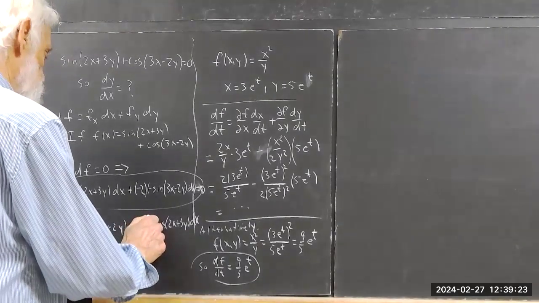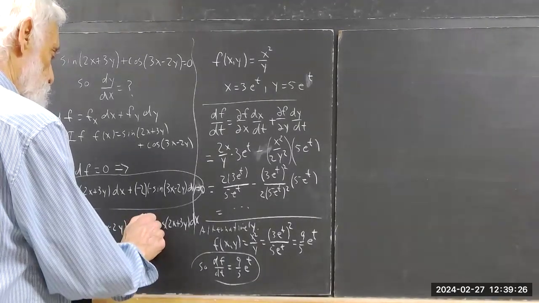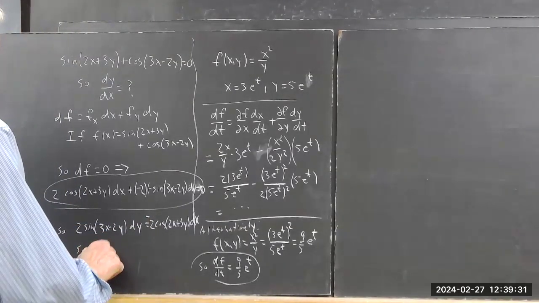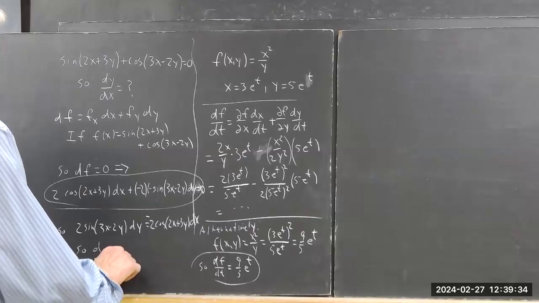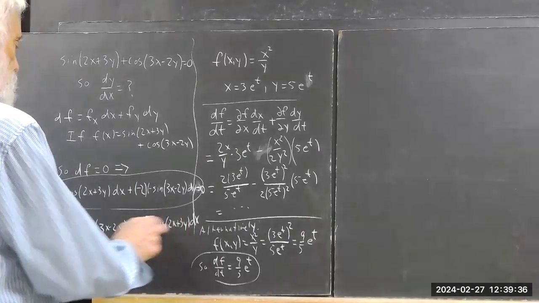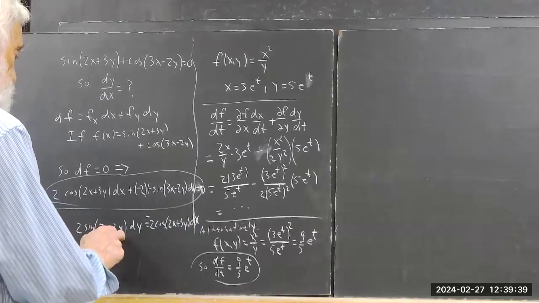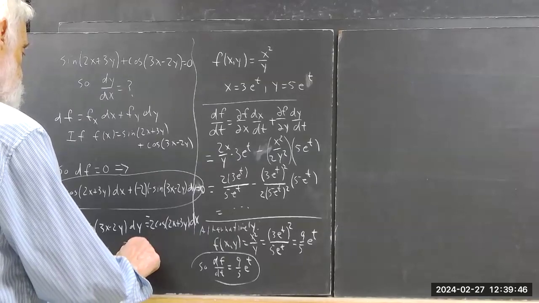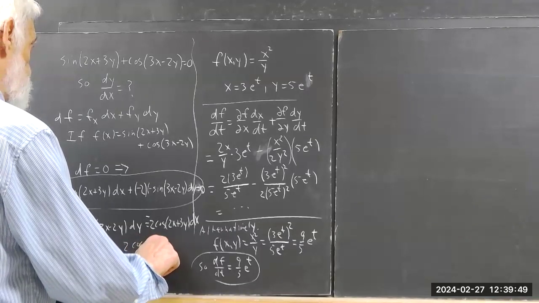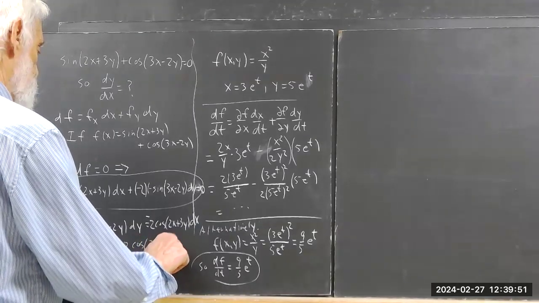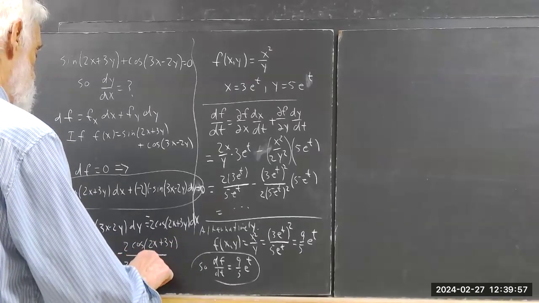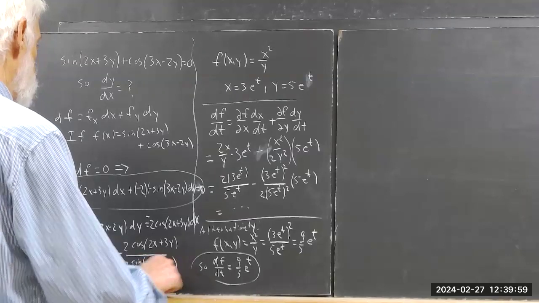There should be a negative on the side. Well, we divide both sides by dx, and then we divide both sides by this coefficient, and we get negative 2 cosine of 2x plus 3y over 2 sine of 3x minus 2.